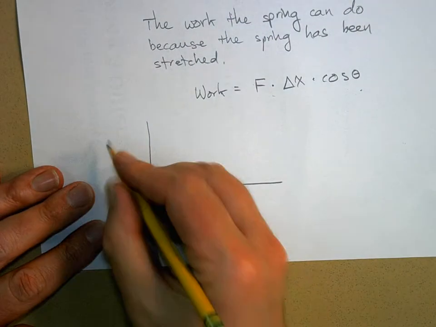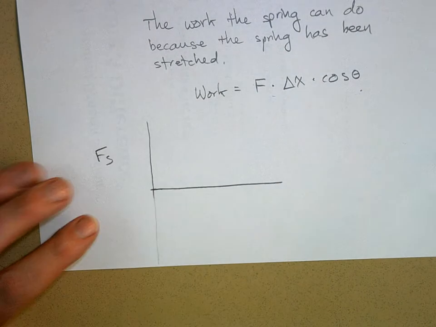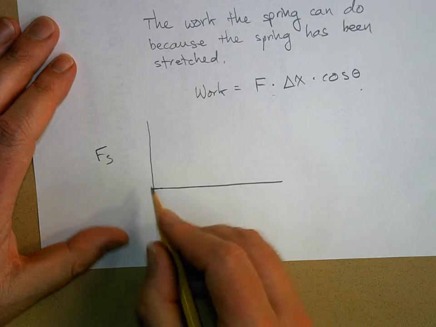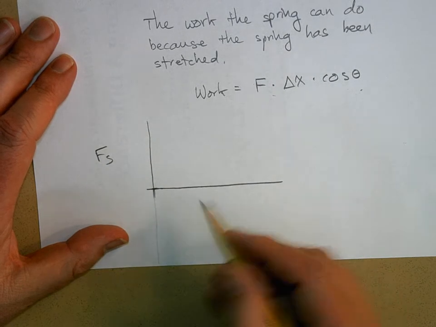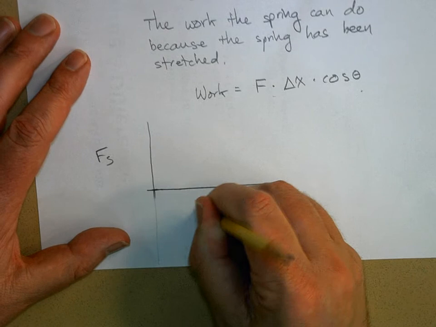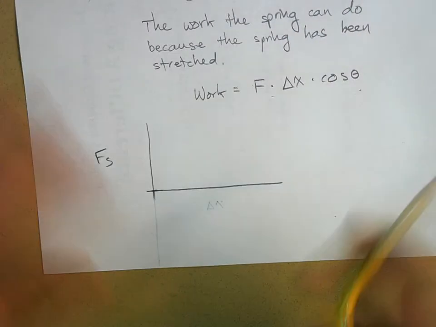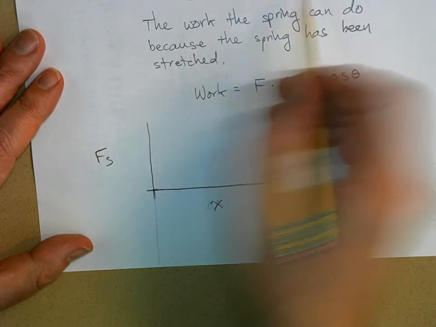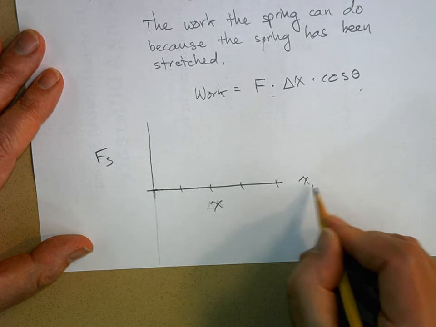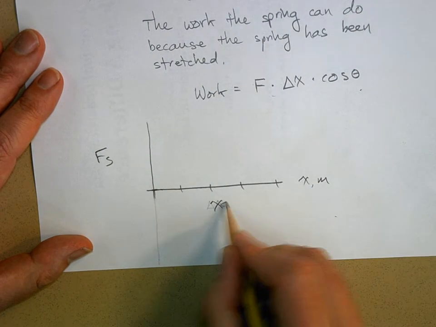This is the force that the spring applies to the object. And we do graphs where we do this, we're just dealing with it. This is our position X. So 1, 2, 3, 4, and we'll make this in newtons.